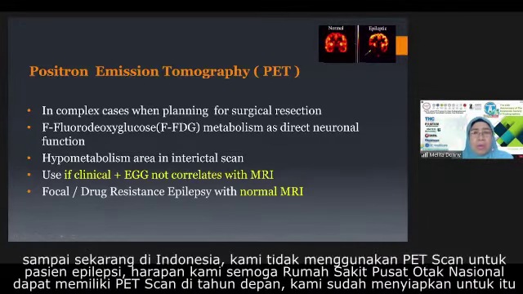Until now, in Indonesia, we have not used PET scan for epilepsy. I hope National Brain Center can get this PET scan in the next year. I hope so. Yeah, we have prepared for that.